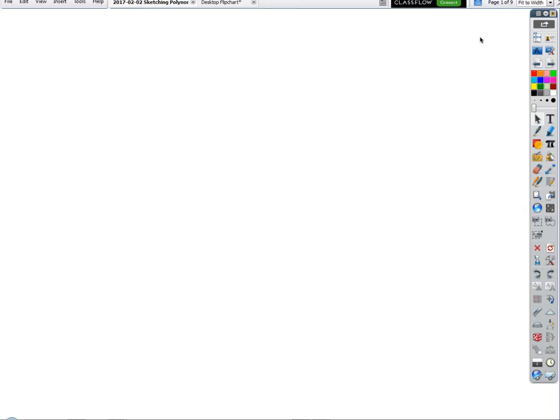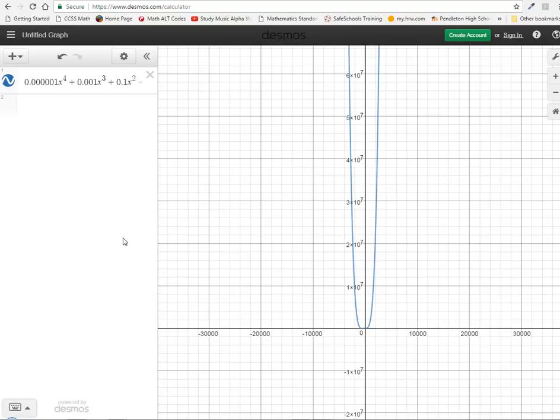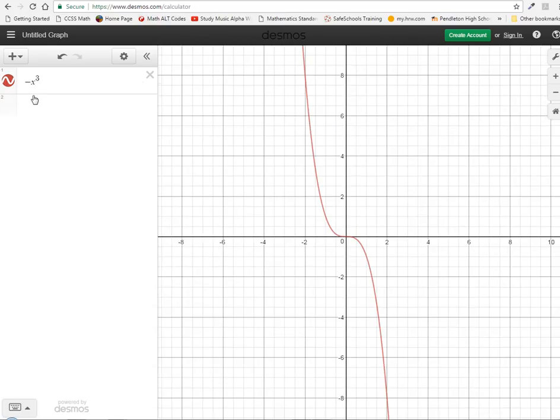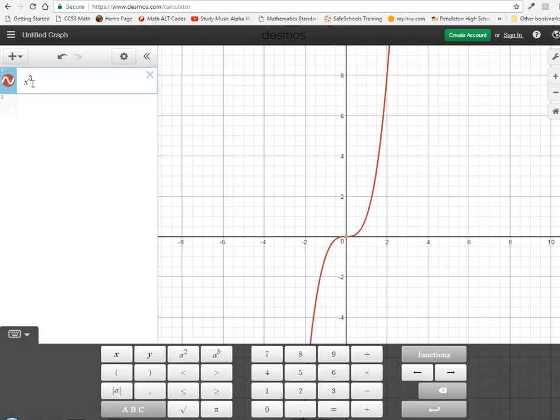So, for example, we looked at some examples of functions yesterday, and I'll pull some of these up here. We looked at stuff like these, right?